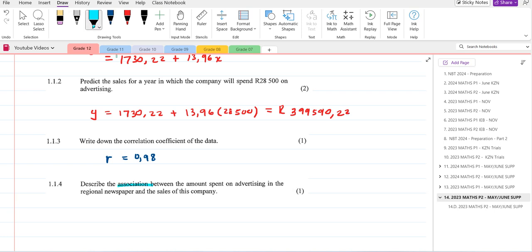Describe the association between the amount spent on advertising in the regional newspaper and the sales. So what are you going to write?